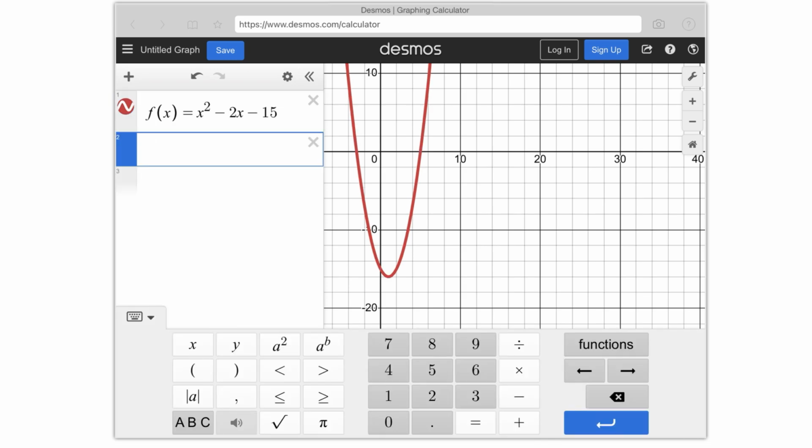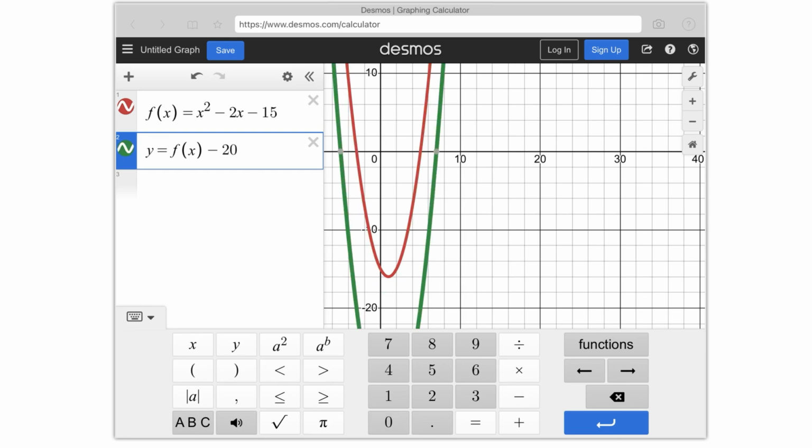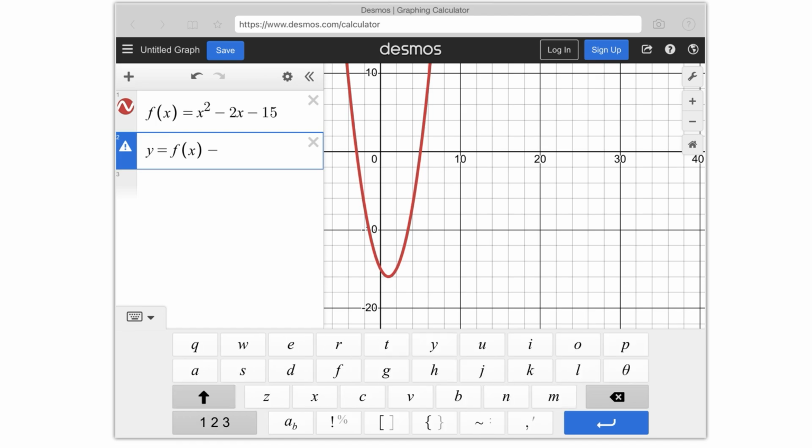Well, let me show you something here. What if I type in y equals f of x? But instead of having just the initial function, we know that we subtracted 20 from the y values. So let's put it in minus 20. Actually, what we can even do is put in minus a letter. Let's do k.